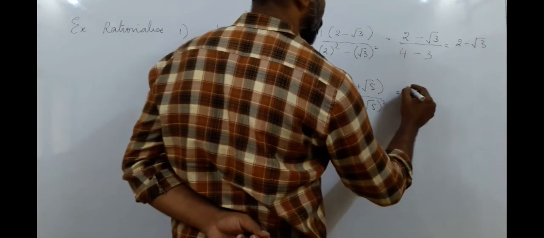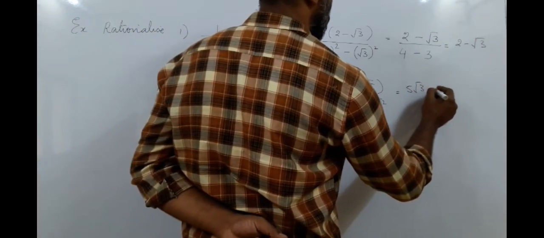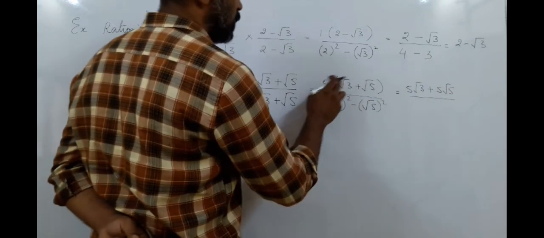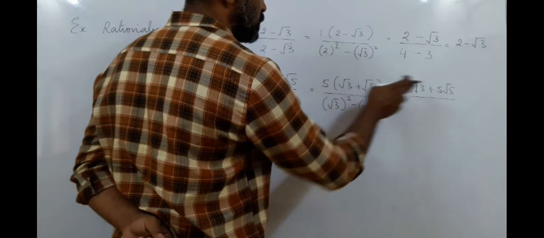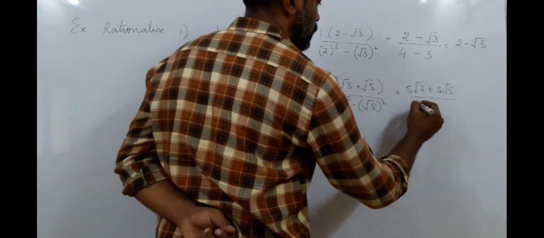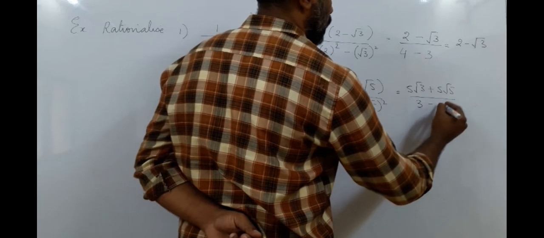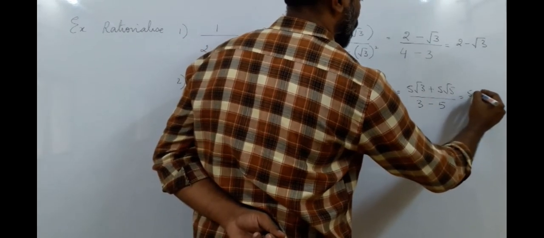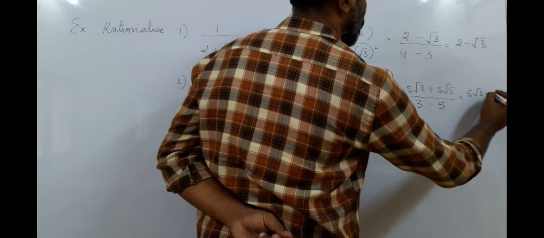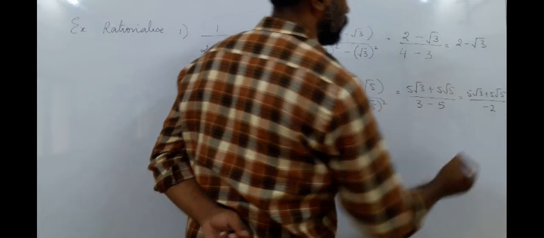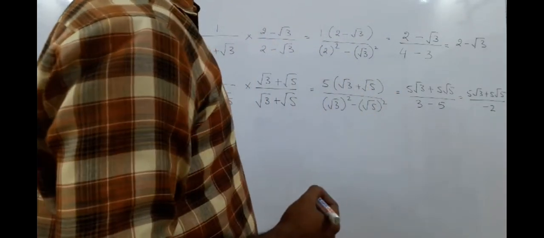So we get here 5 root 3 plus 5 root 5. How I got this? 5 into root 3, 5 root 3 plus 5 root 5. Root 3 the whole square is 3. Root 5 the whole square is 5. So we get the answer 5 root 3 plus 5 root 5 upon minus 2. 3 minus 5 is minus 2.